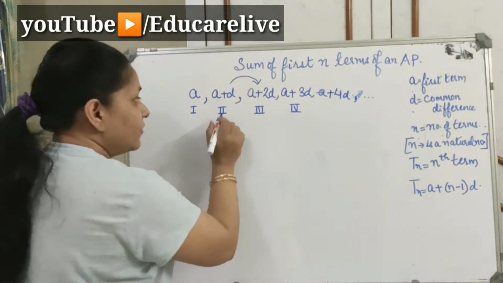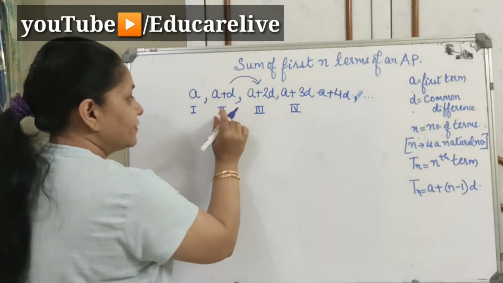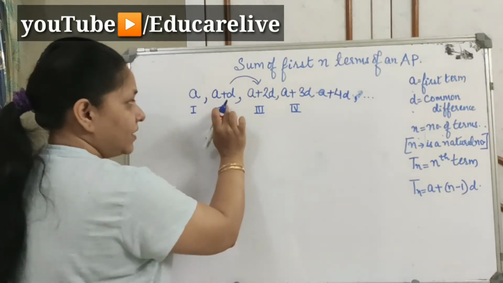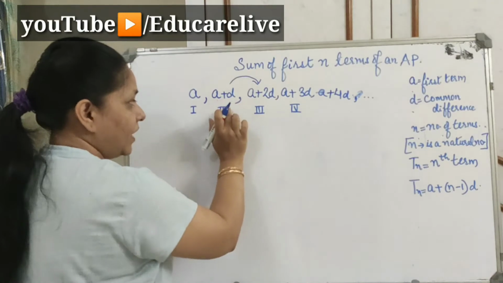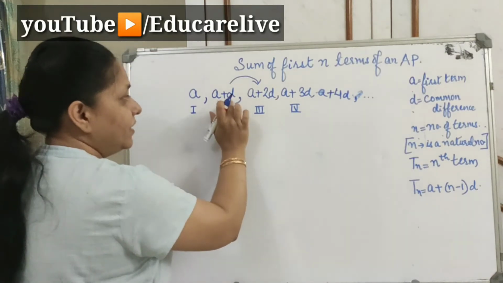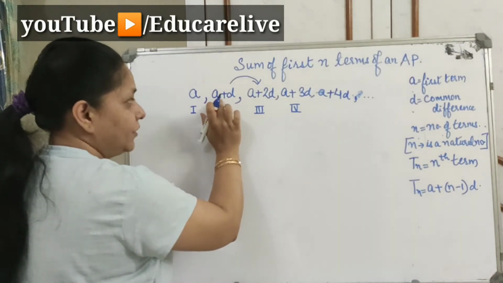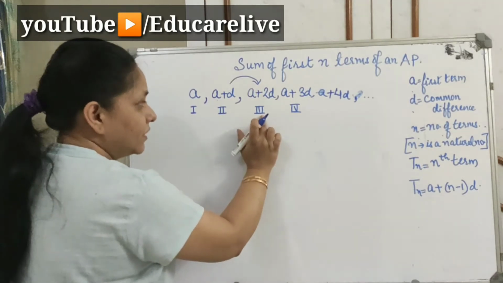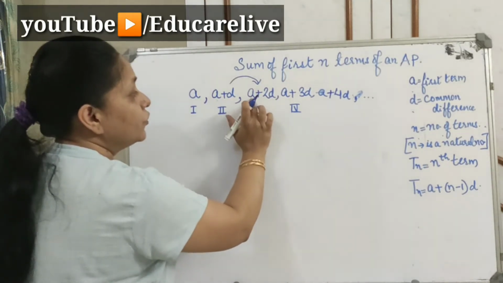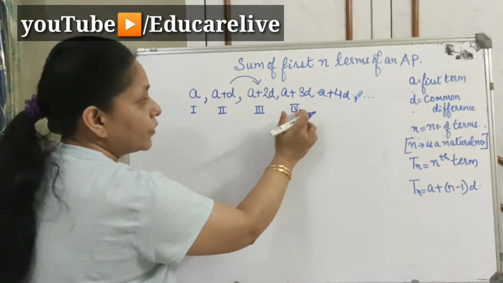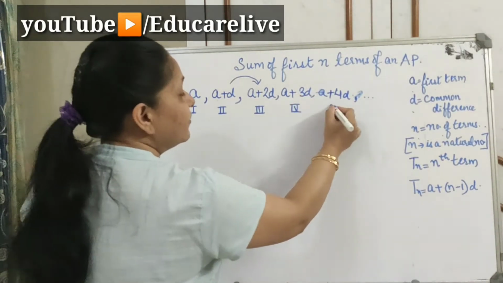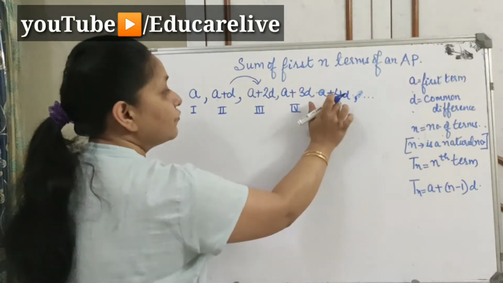So you can observe here when we are talking of the second term, see the coefficient of D. Coefficient of D is 1. So for the second term, it is 1D adding to A. For the third term, 2 D's are adding to A, so 2D. Fourth term, then 3D. So if this is the fifth term, then it is 4D.